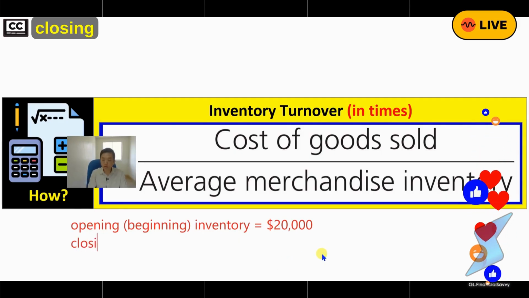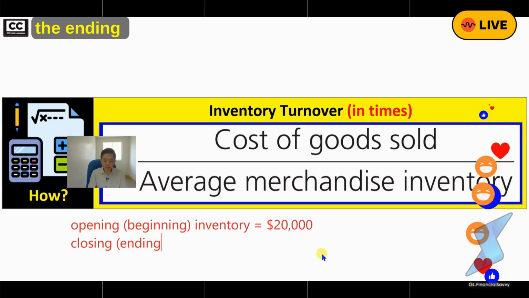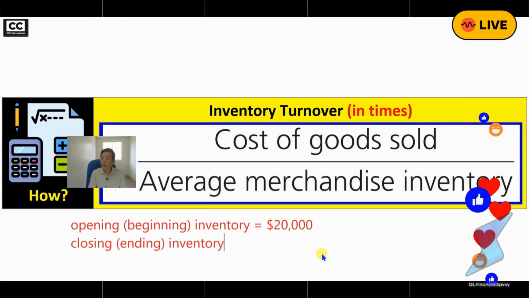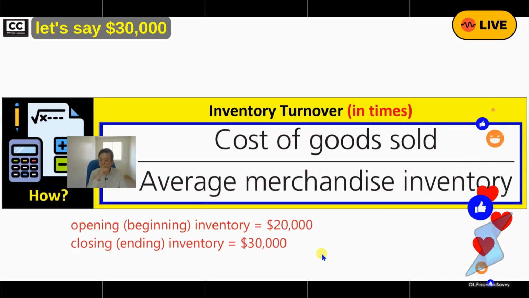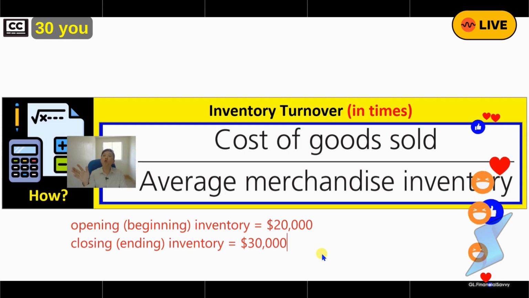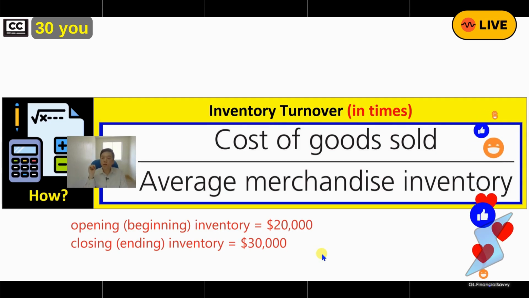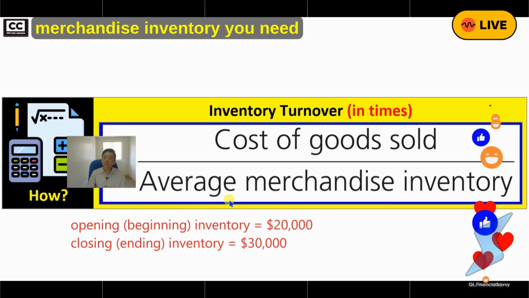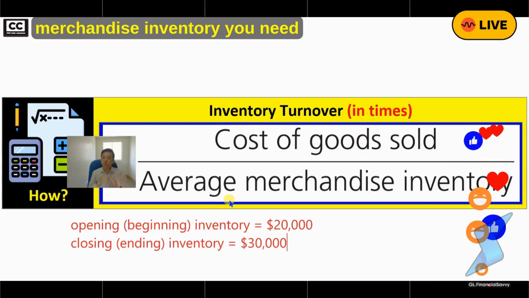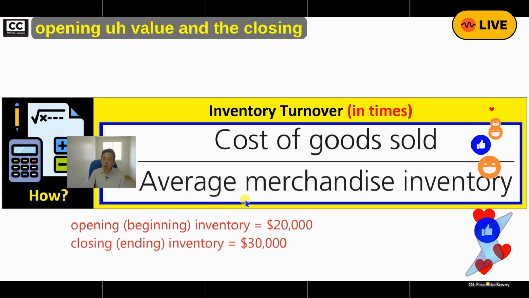Closing, the ending inventory. Let's say 30,000. Opening 20, closing 30. We have these two figures, right? To get the average merchandise inventory, you need the opening value and the closing value.